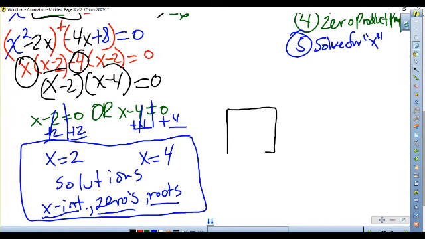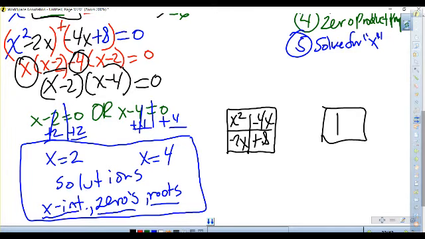So, let's say I wanted to find the root of this square or this rectangle. If this was this, what did we say we'd do? So if this was that, couldn't I do this?